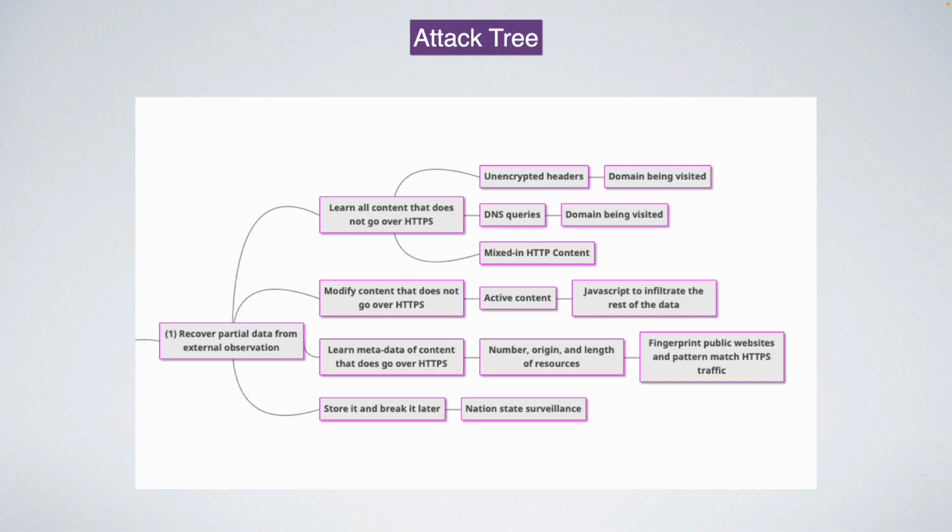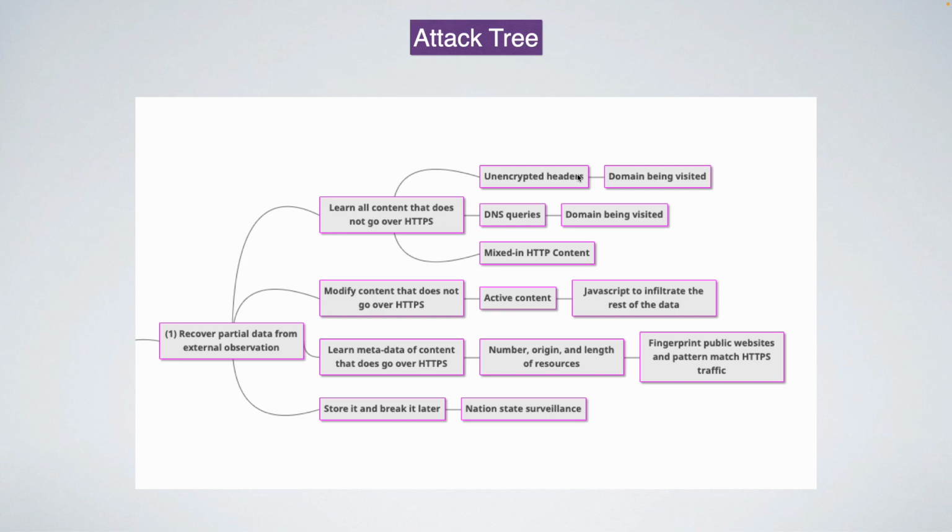Okay, so what we can do is toss this into the attack tree. This is the sub part of the tree where we're recovering partial data from external observation. The first thing we can do is learn everything that doesn't go over HTTPS. There's a bunch of stuff on the outside of the envelope, and that's pretty good.